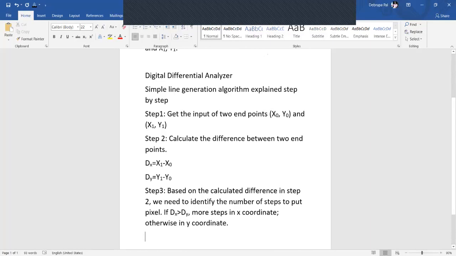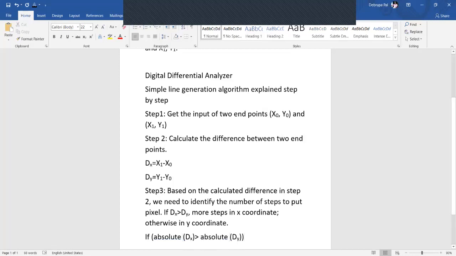Now if we write it in the form of algorithm, we should make absolute value of dx, then absolute d of y. dx and dy is the difference as already explained in step 1.